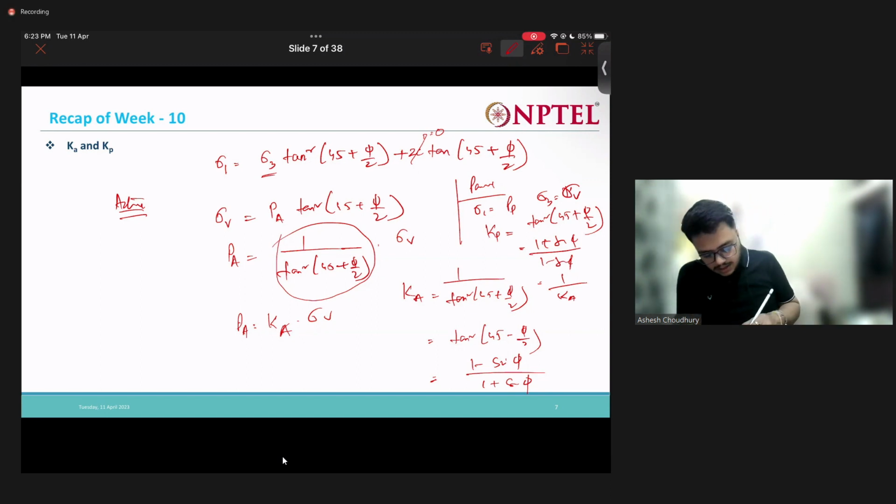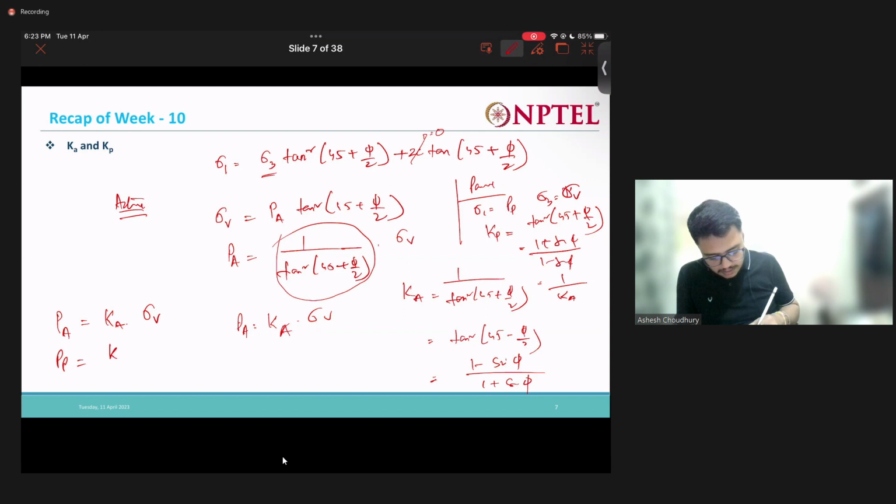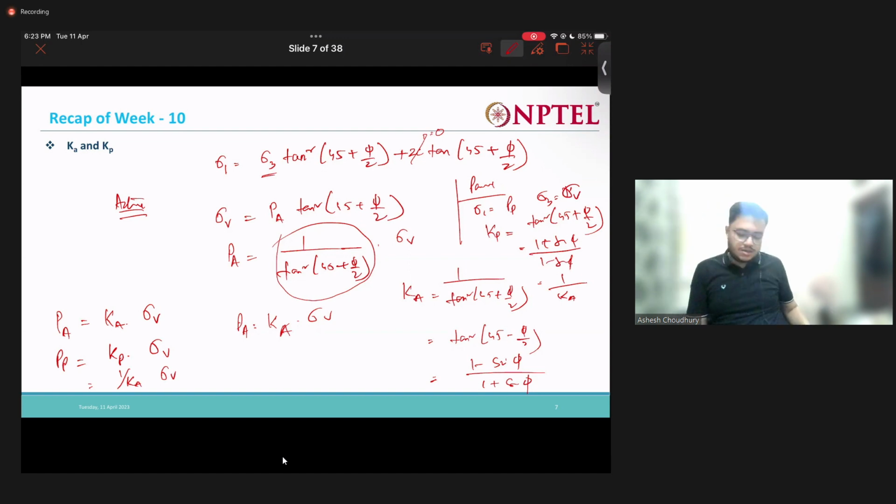So finally we can write PA is equal to Ka into sigma V, PP is equal to Kp into sigma V, and Kp is also equal to 1 by Ka. Like this we can write it.